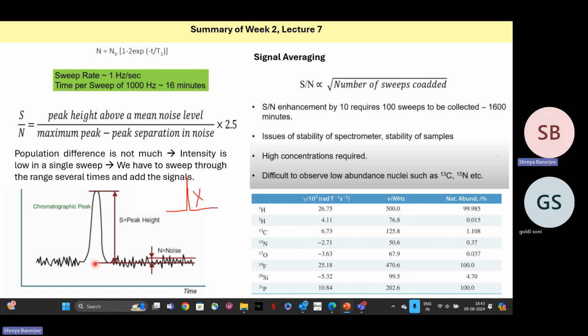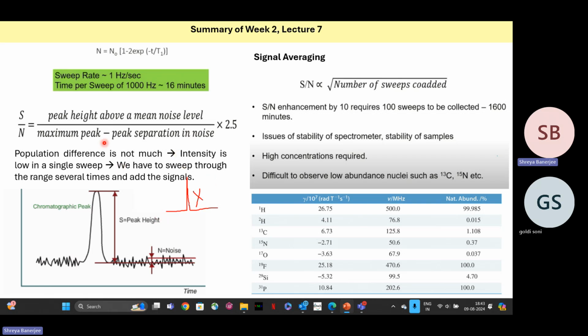Once you take an average of the noise, that is your mean noise level, and from that line you go to the top of the peak. That is your numerator. In the denominator, you take the maximum peak in the spectra minus the peak separation in noise. Doing this and multiplying by 2.5, you will get the signal to noise ratio.